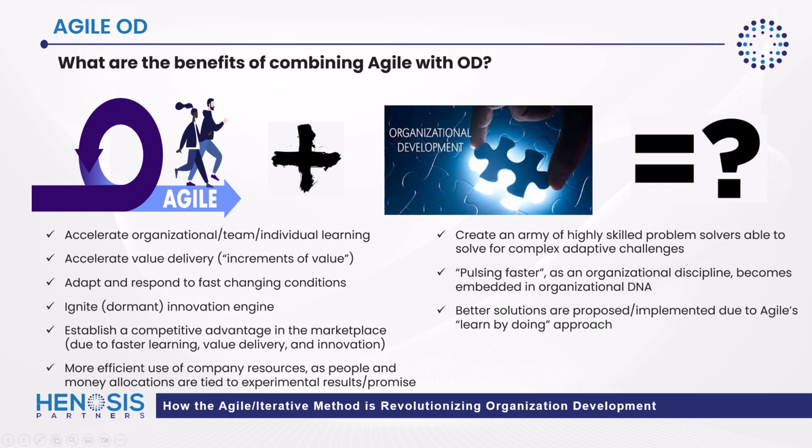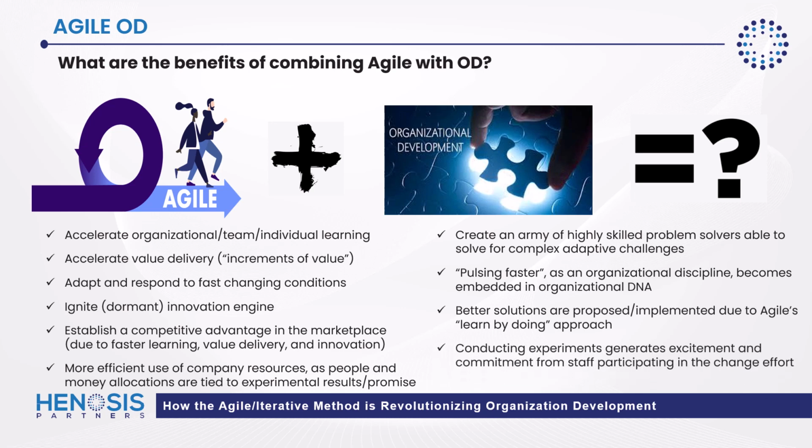As an Agile coach, one of the things that excites me most is that conducting experiments generates incredible excitement and commitment from staff who are participating in the change effort. And finally, the solutions that teams develop are more sustainable long-term due to such commitment. So these are just some of the benefits of combining Agile or the iterative method with organization development.